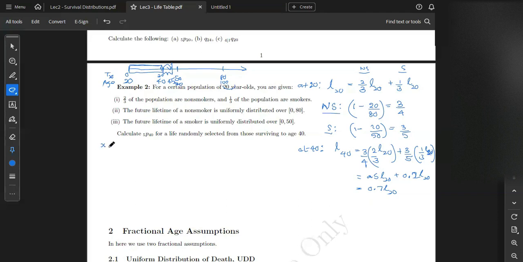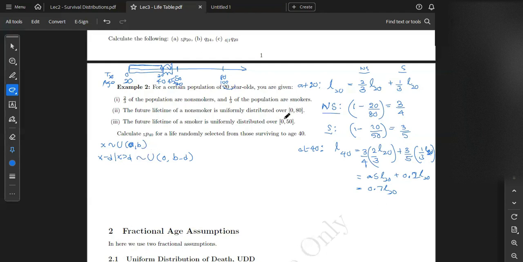If your x follows a uniform distribution with a and b, then x minus d, given that x is greater than d, follows a uniform distribution from 0 to b minus d. So that is how this conditional distribution of a uniform distribution can be derived. It comes from the distribution theory, and we can use that concept here.